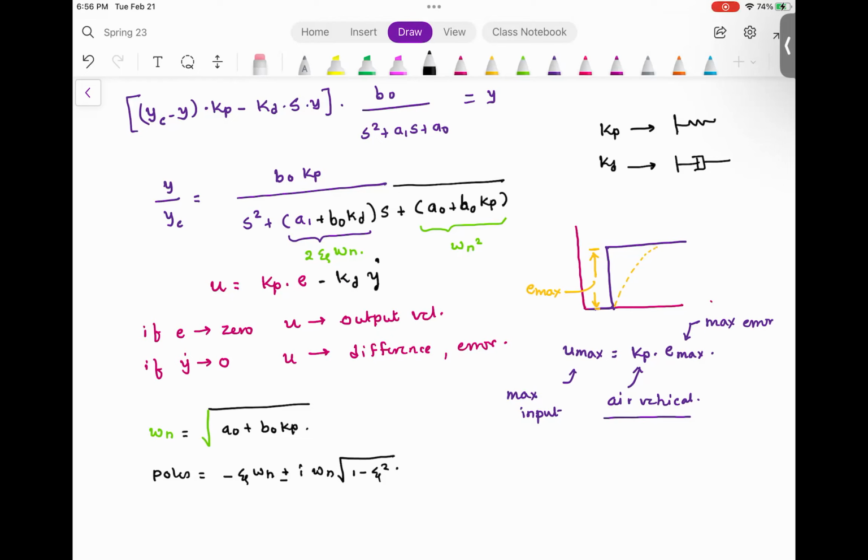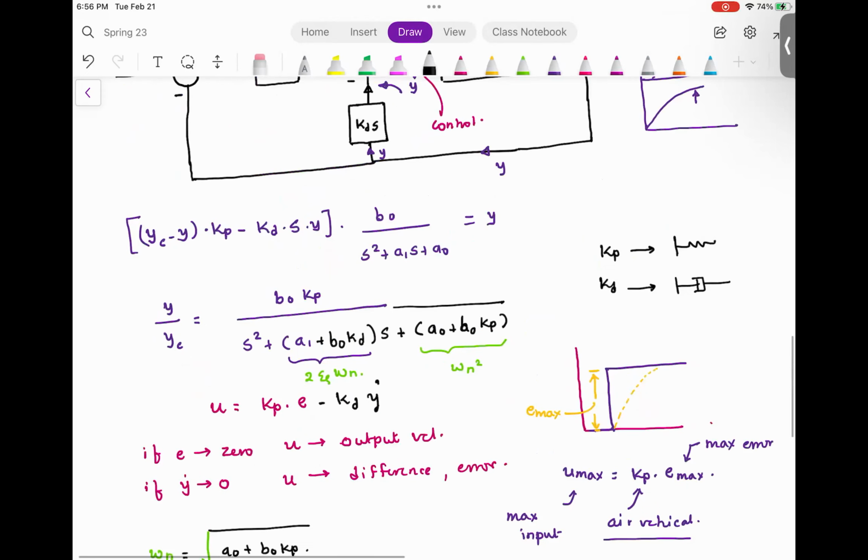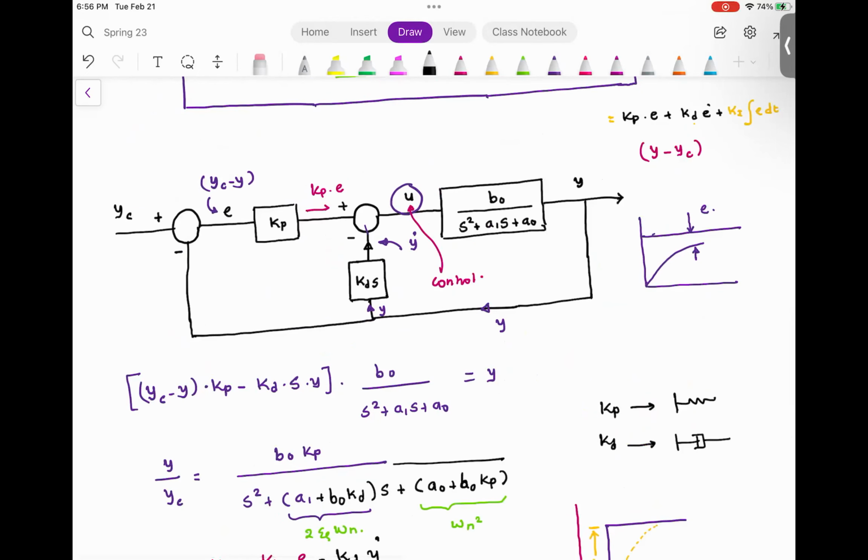But I'll answer your question more specifically when I actually unfold the lateral dynamics. What we are going to do, the thing that I showed over here, we are going to do for each successive loop in the lateral dynamics, and repeat the exact same process for each successive loop in the longitudinal dynamics.